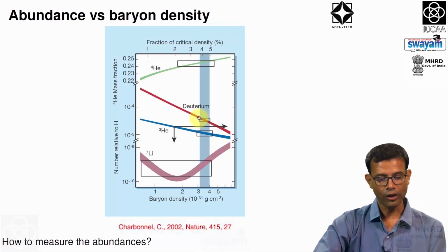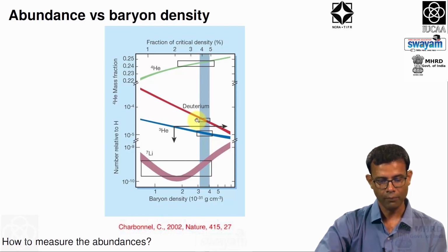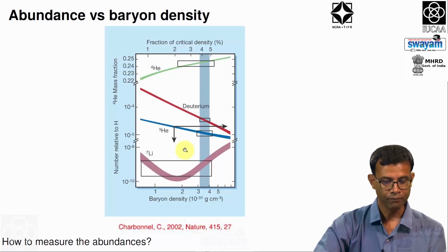If you do that, the deuterium abundance gives you a range between this point and this point. That would tell you that to satisfy deuterium, I need the baryonic density to vary between this point and this point, let us say somewhere between slightly less than 4 to slightly less than 5%, that is the omega.